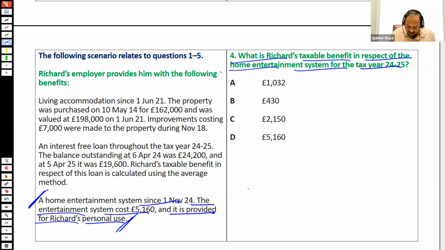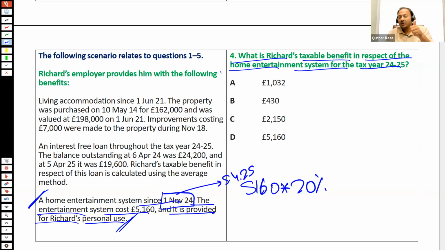So home entertainment system 5160 multiplied by the official rate of interest, from 1st November 24 till 5th April 25. I'm talking about November, December, January, February, March. So I'm talking about 5 months, so multiply by 5 upon 12. So for 5 months, the benefit amount.